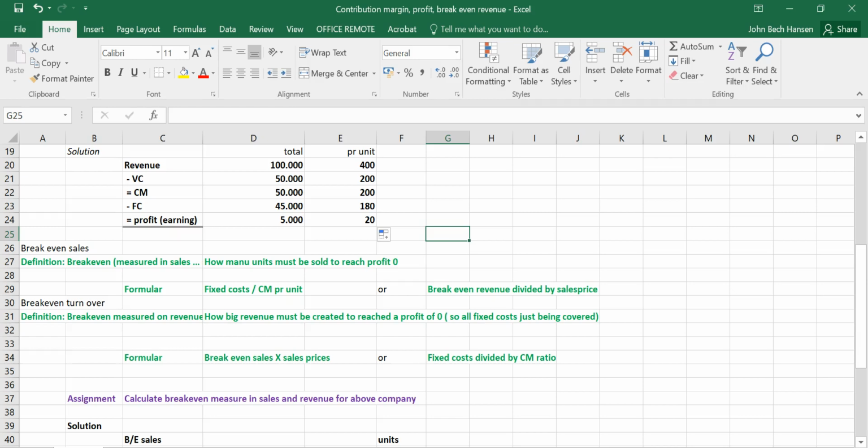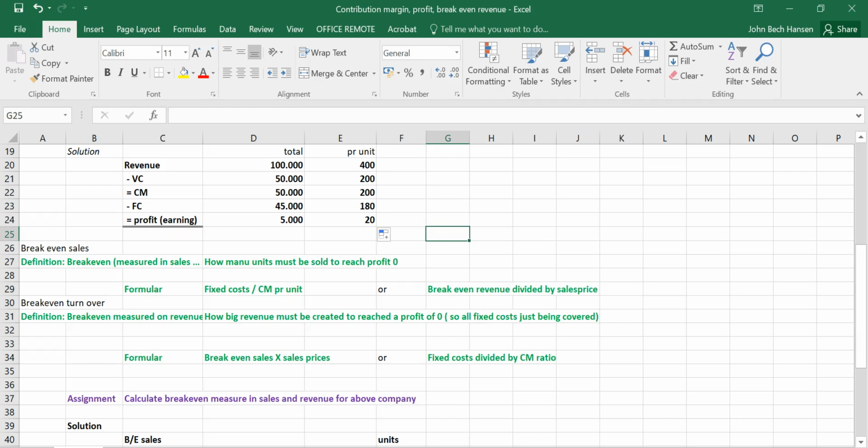And of course, very often in fact, we start up a business selling more, different products. So it is a mix of various products. And then it perhaps doesn't make so much sense to calculate a break-even sales of one particular product. Then it's more important to say how much turnover we would like to have in order to avoid a loss.